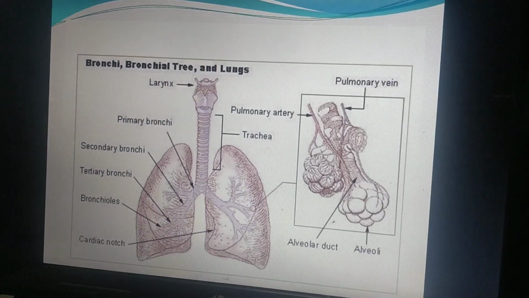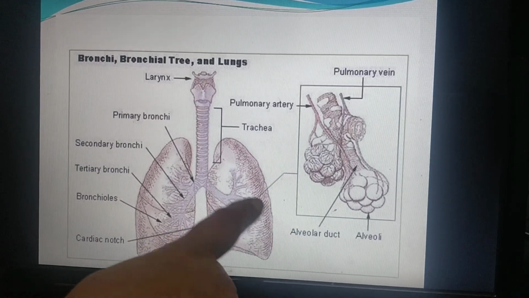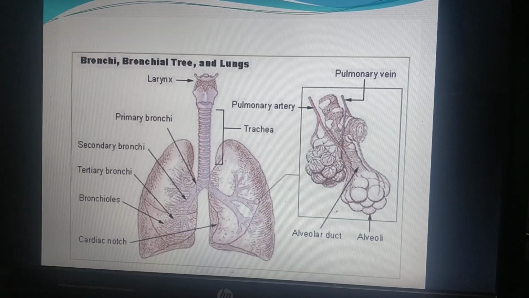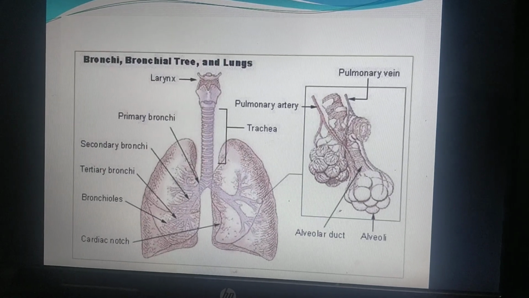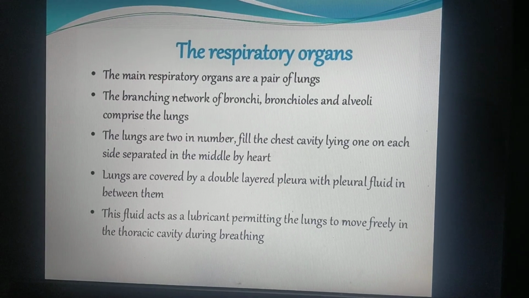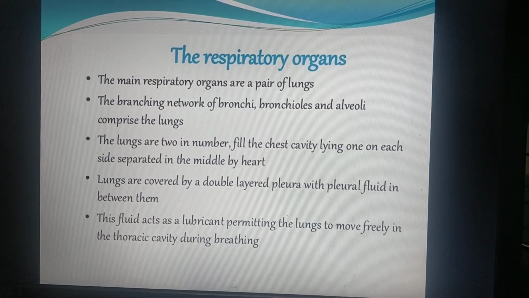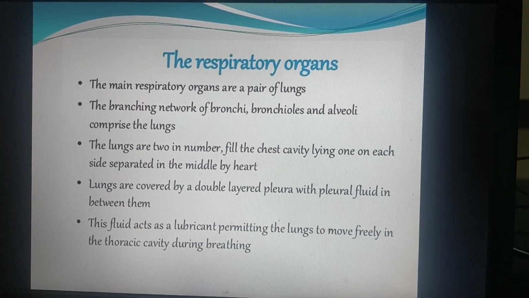This whole structure is also known as the bronchial tree, in the form of branches like the branches of a tree. The respiratory organs, that is the lungs, are made up of a branching network of bronchi, bronchioles and alveoli.